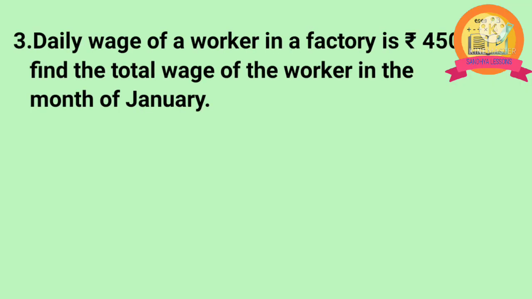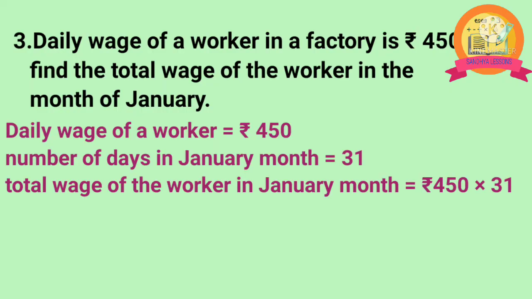Third Roman, daily wage of a worker in a factory is 450 rupees. Find the total wage of the worker in the month of January. In the question, the daily wage of a worker is given and we should find out the total wage for January month. Solution, daily wage of a worker is equal to 450 rupees. Number of days in January month is equal to 31.